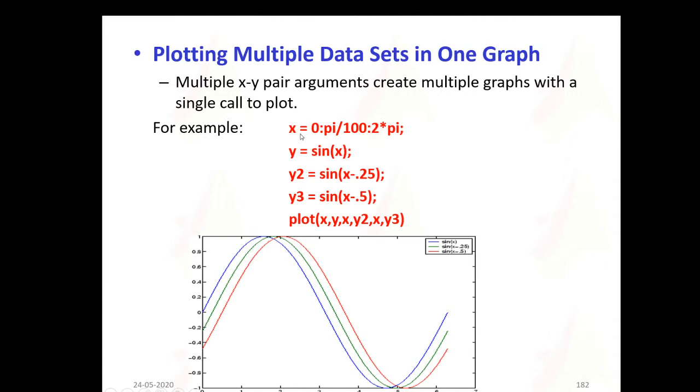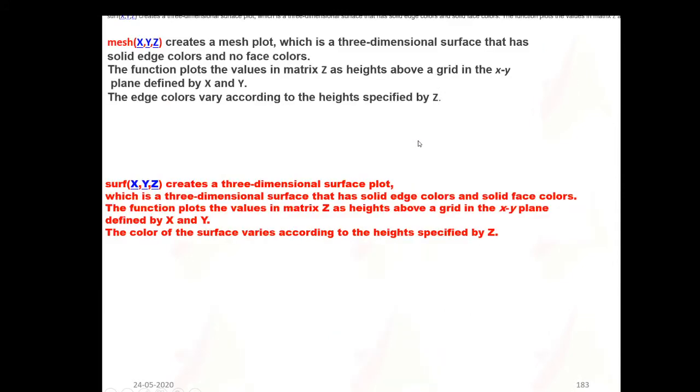Now I am going to plot the values between x and y2 and x and y3. So you get 3 different plots in the same graph. If you want, you can go ahead with different values, y4, y5, y6, y7, whatever it may be. This is how to plot multiple data sets in one graph.